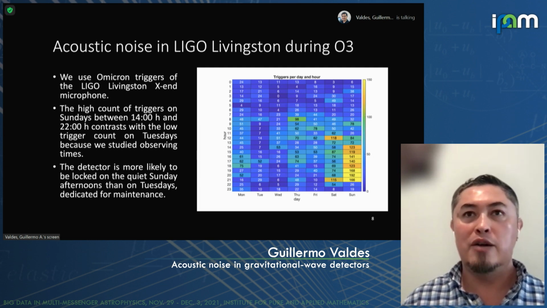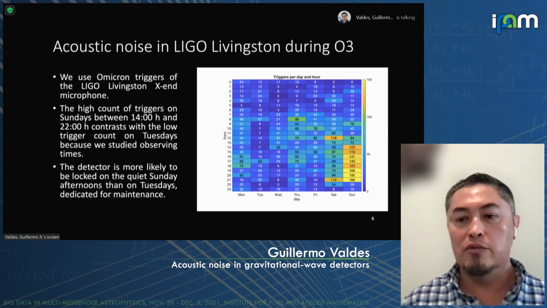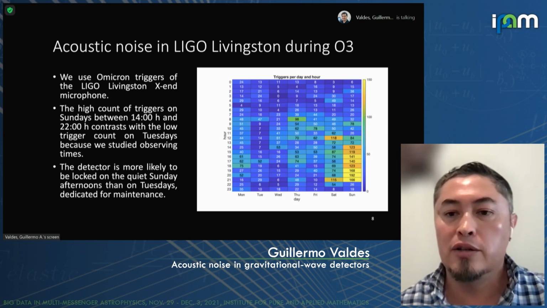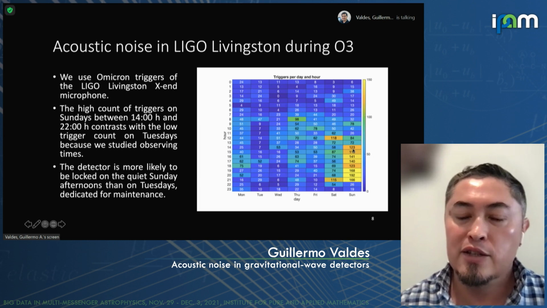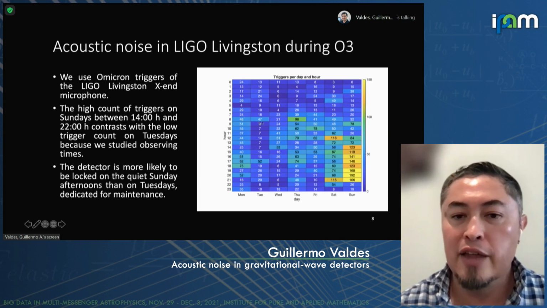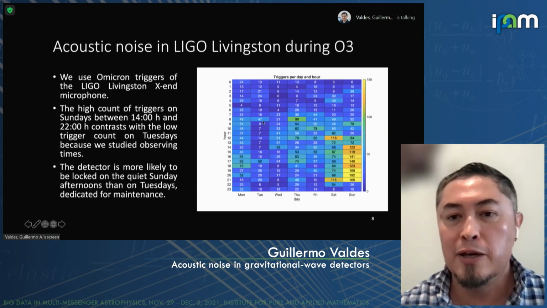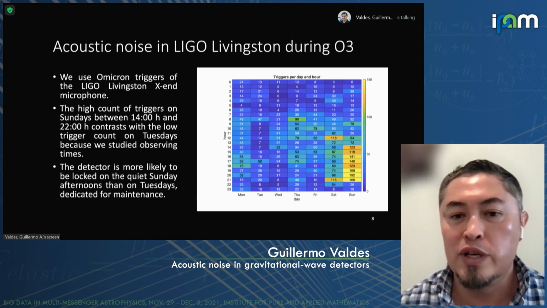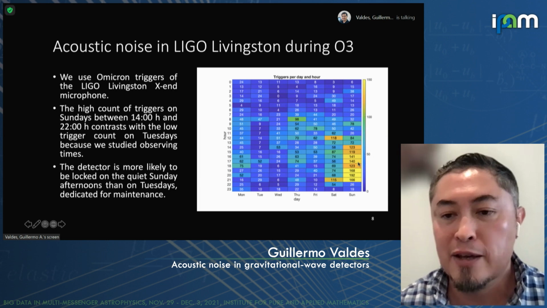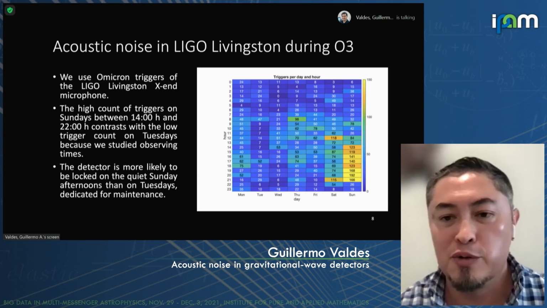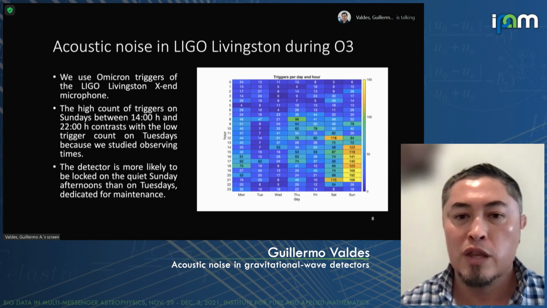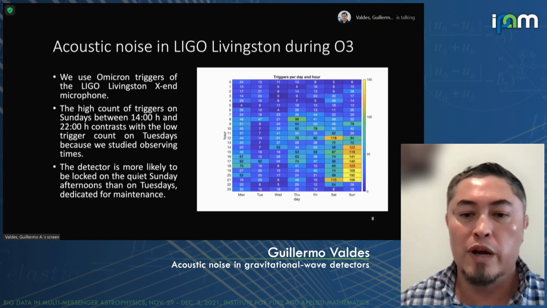LIGO is more likely to be locked during a quiet Sunday afternoon than during a Tuesday that is dedicated to maintenance. So that's the reason we see this pattern, not that we have more thunderstorms on Sundays or things like that. But what I'm showing here is that we have our data set, right?